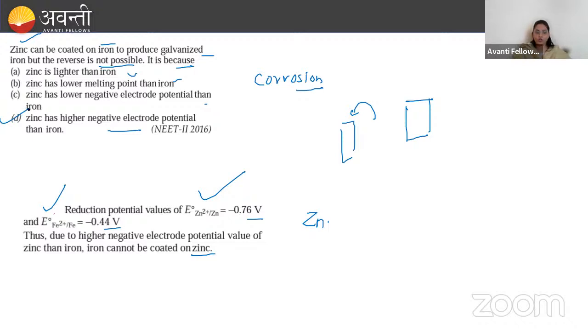And that's why we cannot coat it, because iron is more prone to undergo oxidation as compared to zinc. आयन पे सबसे ज्यादा पहले हो जाएगा, ठीक है, जिंक से, इसलिए हम लोग जिंक पे आयन नहीं कोट कर सकते, लेकिन आयन पे हम लोग जिंक कोट कर सकते हैं क्योंकि उसका जो नेगेटिव रिडक्शन पोटेंशियल वैल्यू है वो ज्यादा है. आयन का जो वैल्यू है दैट इज लेसर, दैट्स व्हाई वी कैन नॉट कोट ऑन इट. You can see the values also, 0.76 and 0.44, right?